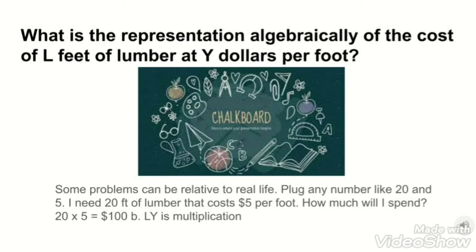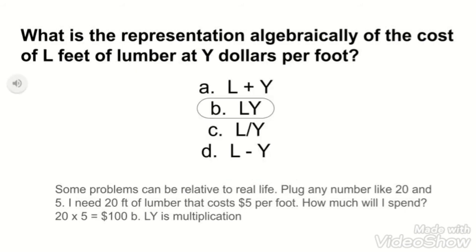Some problems can be relative to real life. You go in and you just plug in any number, like what I did, I plugged in 20, I plugged in 5. Like if I need 20 feet of lumber that costs $5 per foot, how much will I spend? 20 feet of lumber, $5 per foot, I spent $100, right? So with that said, B is your answer.